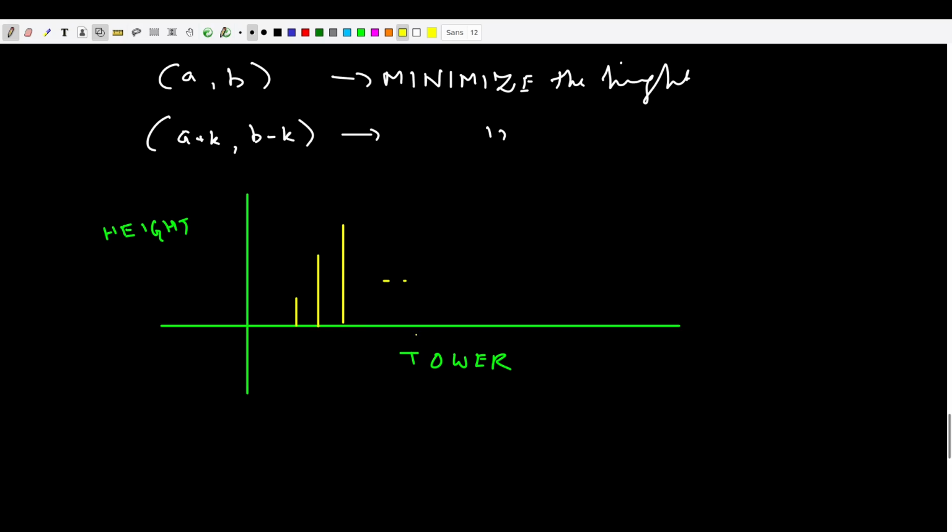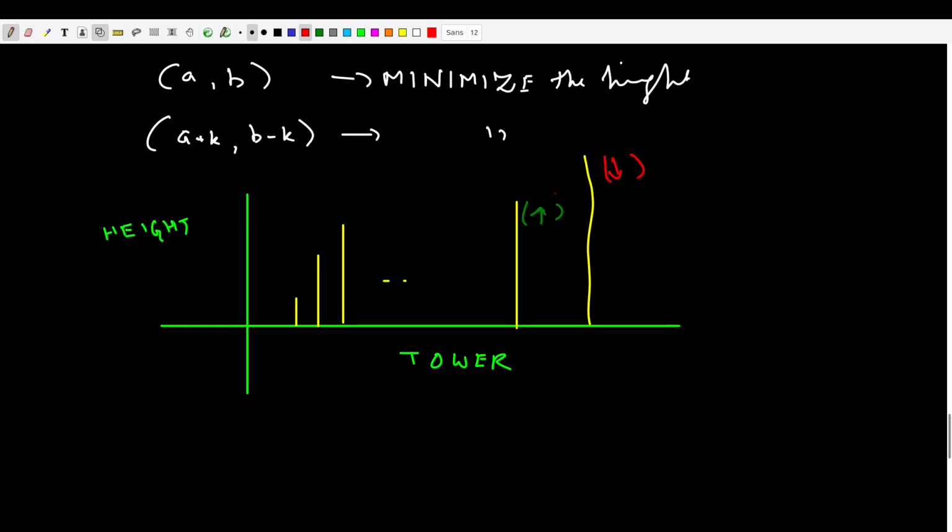We get that, right? So let us say we are analyzing these two pairs. If I want to minimize the height between these two, then naturally I have to increase this portion, and I have to decrease this, right?